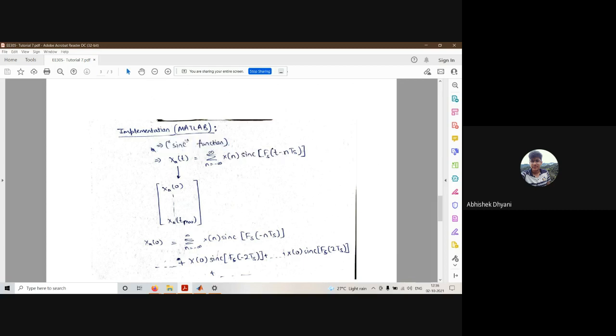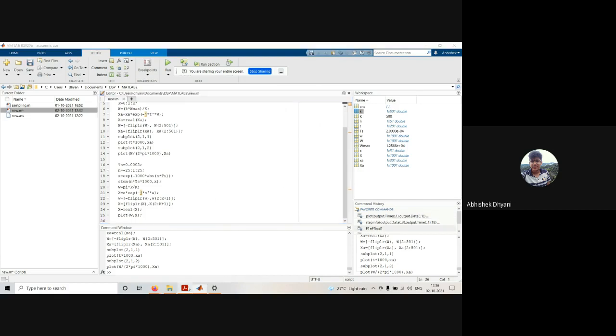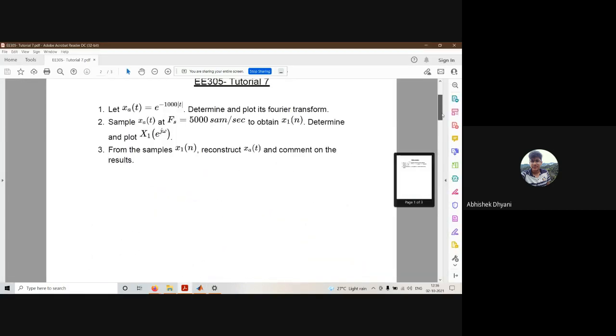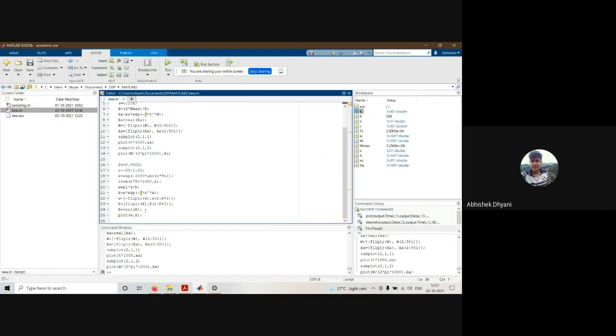Now we will use this function to reconstruct x80, and we will see how that can be done. So we have x of n.